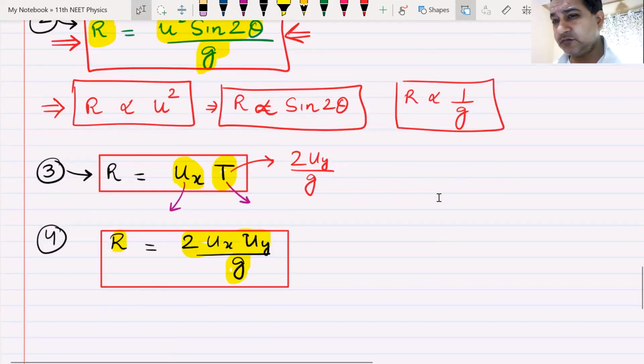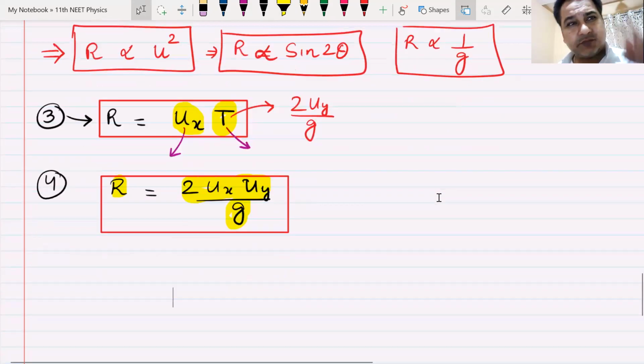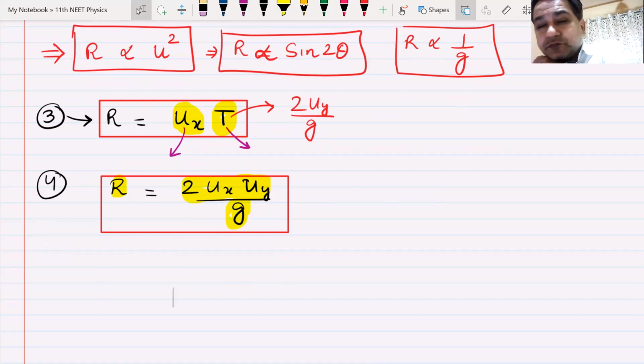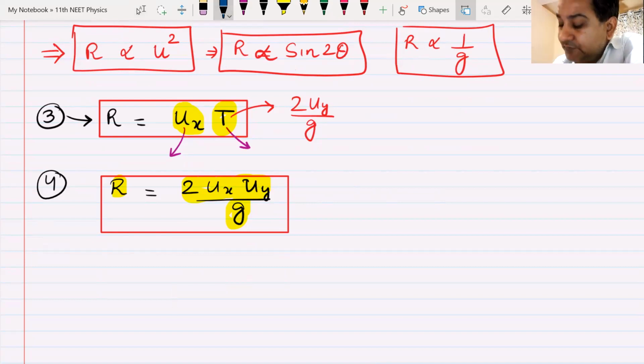Way number 3, ux multiplied by T. Way number 4, 2 times ux into uy divided by g. Am I clear? Does anyone have any doubts? Please raise your hands.